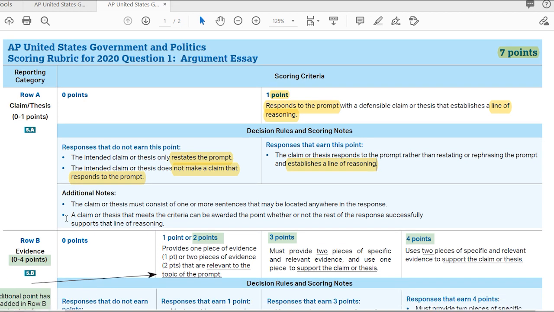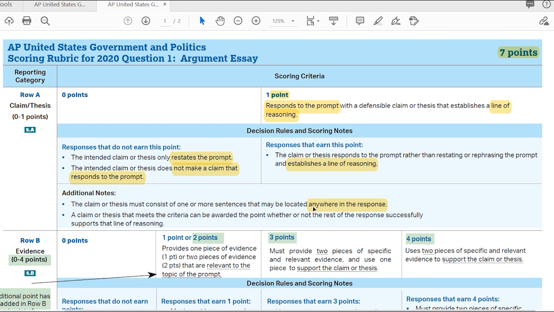Okay, additional notes. Claim or thesis must consist of one or more sentences that may be located anywhere in the response. So those of you that have difficulty in writing, you can still get points. They're not going to deduct points just because you wrote a scatterbrain type of response.